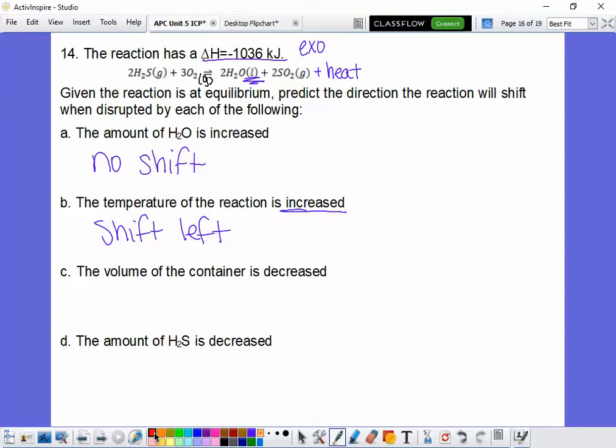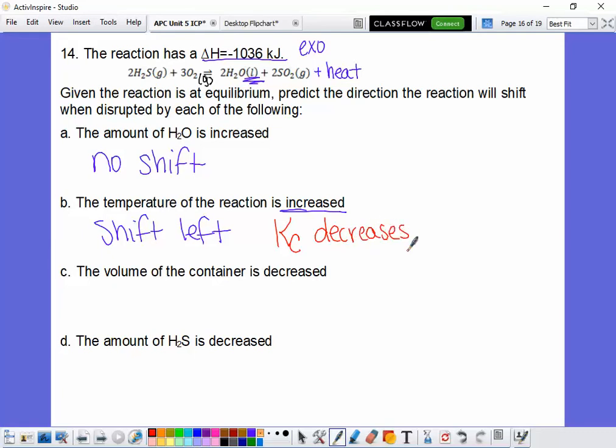Equilibrium. So what about the equilibrium is also temperature dependent? Kc, the equilibrium constant. That's where I was going with that. Okay? So Kc, the equilibrium constant, is also going to change. Temperature changes are the only thing that also affect the equilibrium constant. All right? So since this temperature change is causing a shift to the left, our Kc value is going to decrease.